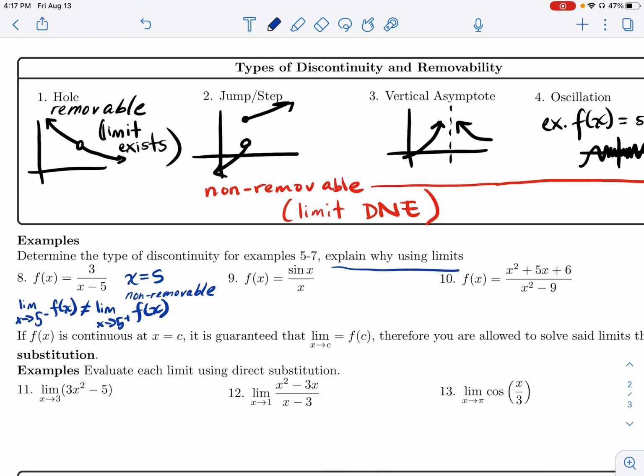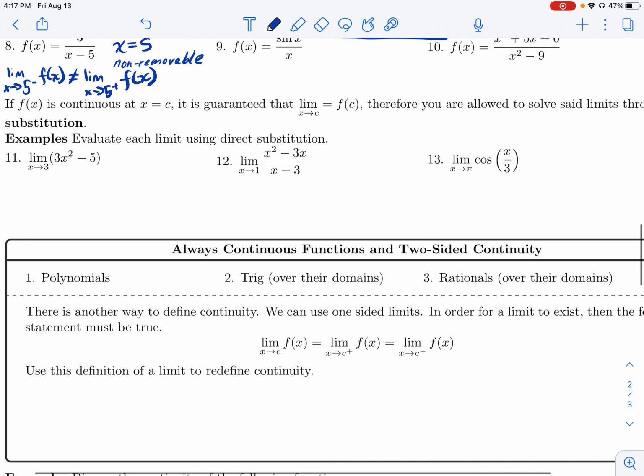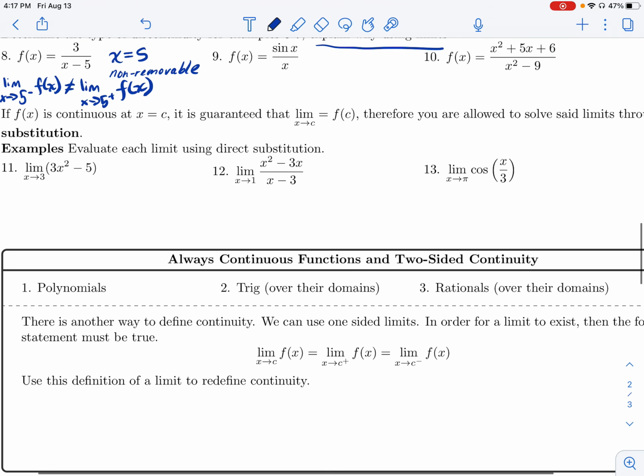All right, last bit of information before we wrap up this rather long introductory lesson is just making sure that we understand types of functions that are always continuous. We should understand that polynomial functions are always going to be continuous because their domain is all real numbers.